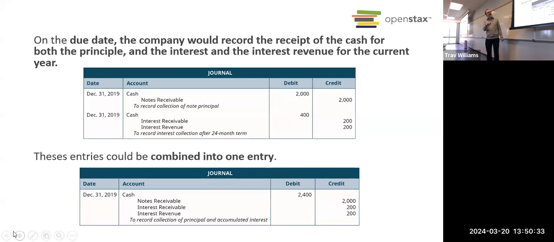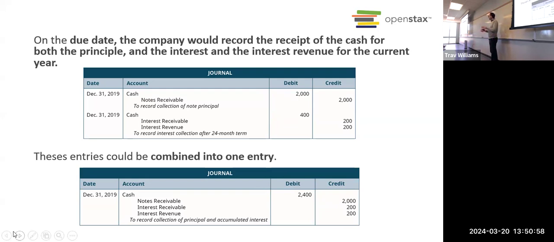And they still owe us for year 1. So when they pay us $400, it's covering year 1's interest receivable and year 2's interest revenue that we just recorded. And they're paying the principal. So they're paying us $2,400 in cash.